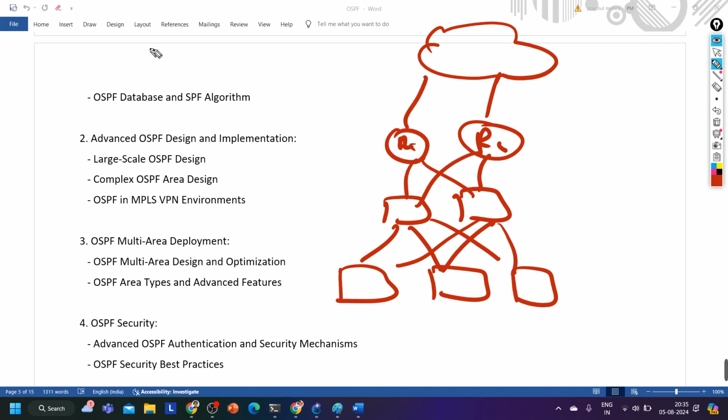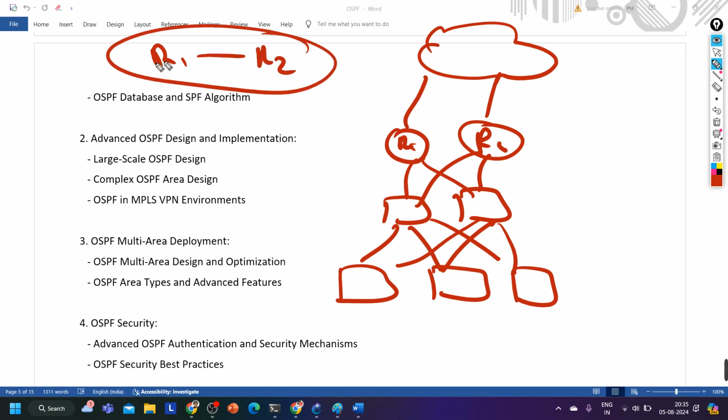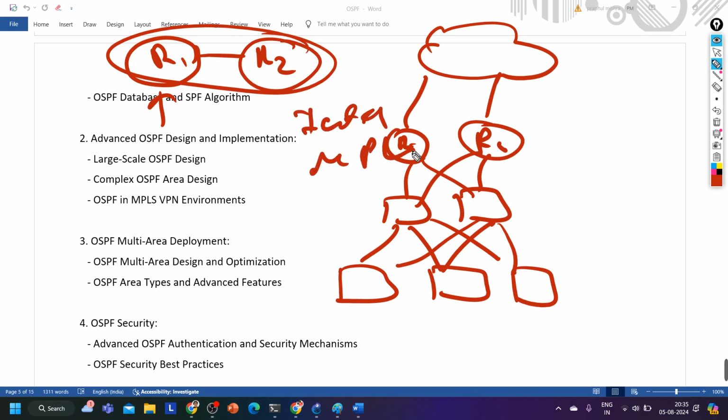But whenever I connect 2 routers together like this, R1 and R2, just assume this is one branch office or headquarter or data center, and this is another branch office, and both routers are connected through transportation technology. Again, we have multiple transportation technologies like internet, MPLS, SD-WAN.